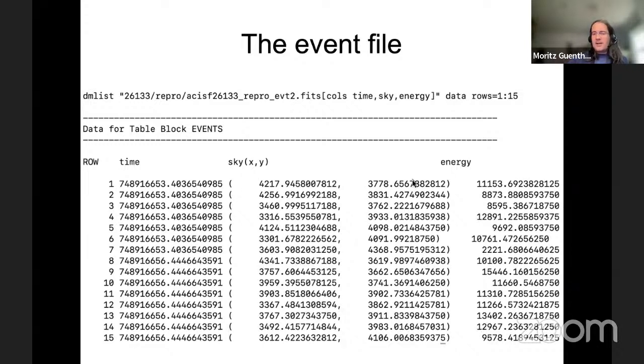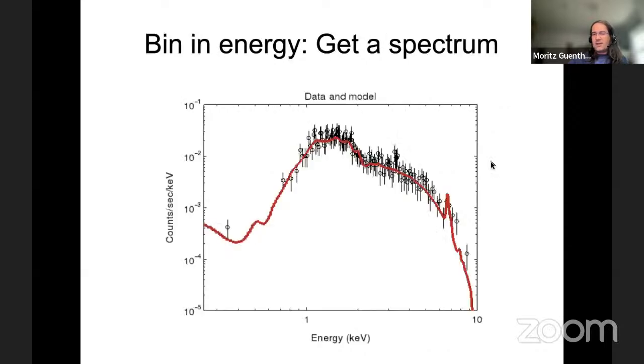Or we can take the X and the Y and say we are making a grid of X and Y, and we just count how many photons we have in every pixel, and then we get an image. Or we do the same in energy and say how many photons do we find at each energy, and then we get a spectrum. And so here is one, not the list I showed you before, there's a different target.